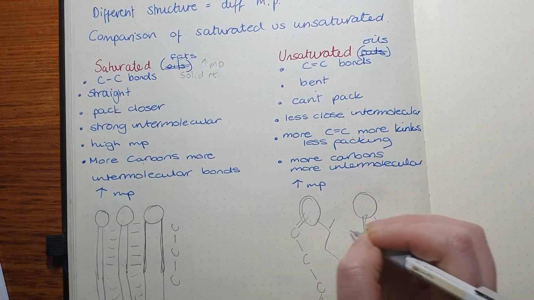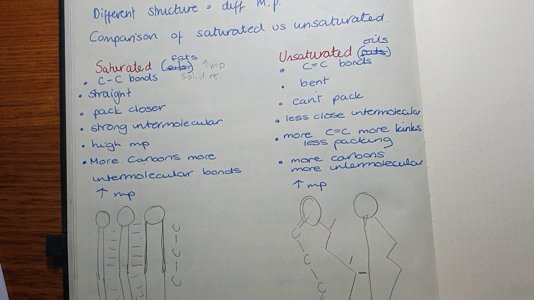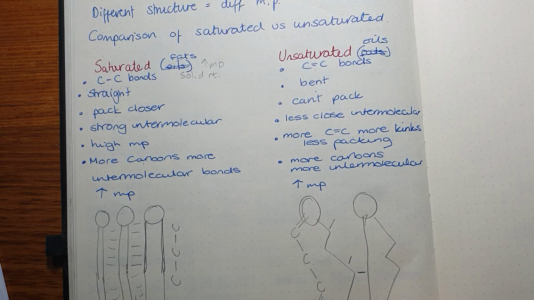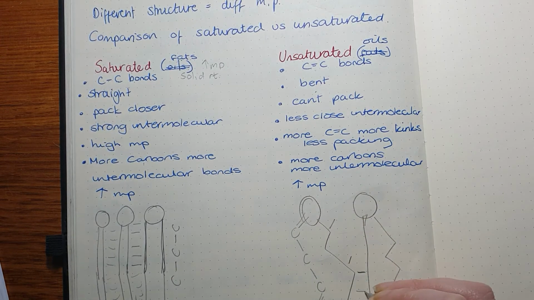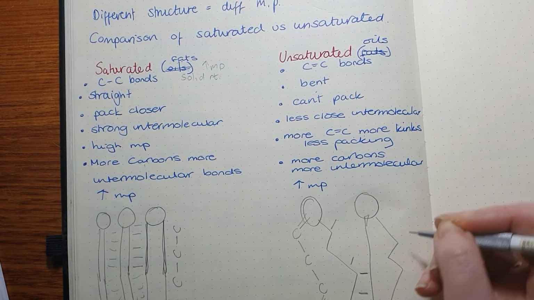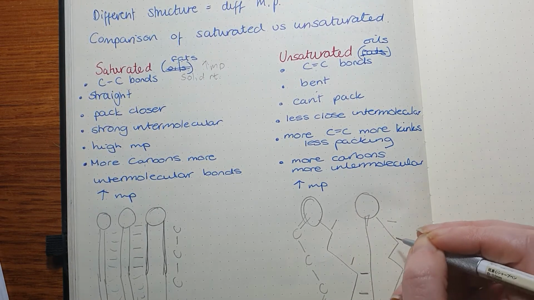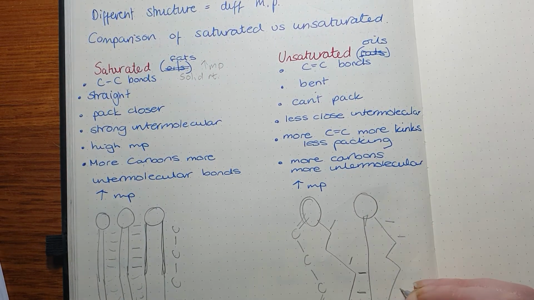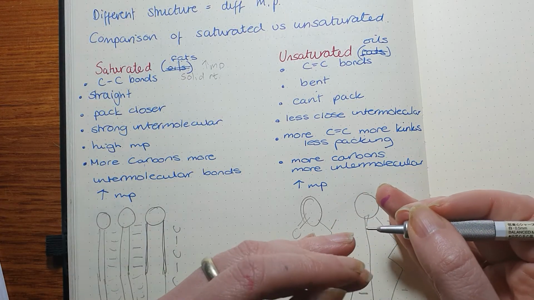It means they're not going to be as close to each other, so we might get some intermolecular bonding here, but this is too far apart to do that intermolecular bonding, and this is definitely too far apart. There might be some intermolecular bonding here, there might be some intermolecular bonding here, but generally it's going to be too far apart to do that intermolecular bonding.